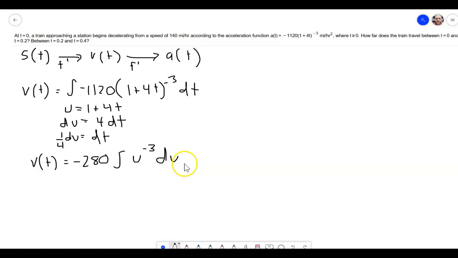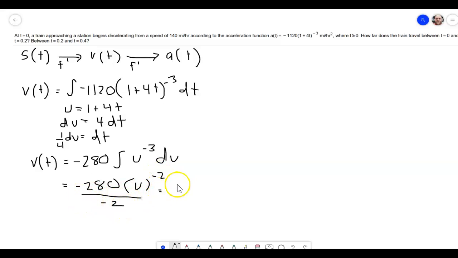All right, so let's take the antiderivative of that, and this is going to be equal to negative 280 times, we add 1, so u to the negative 2, and we divide that by negative 2.